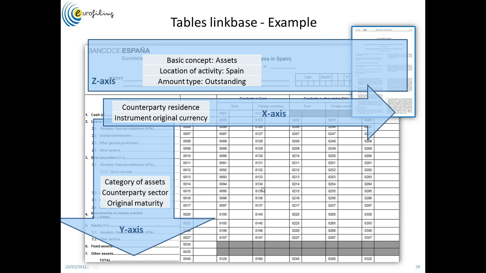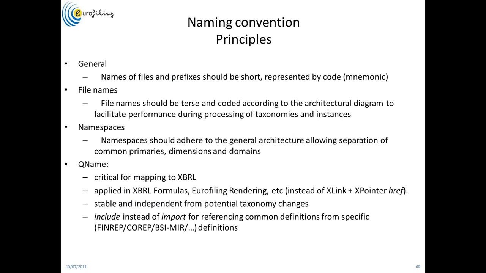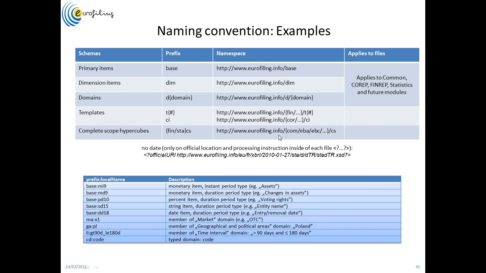There is also a new thing in the architecture of the Eurofiling taxonomy that is different to, for example, US GAAP or IFRS, which is the naming convention. First of all, we don't change namespaces because every change of the namespace requires change in the mappings. And in time, it doesn't make sense to have that many namespaces and then remappings. So there is, of course, the identification of the file in the processing instruction, but the namespace shall be stable in time.